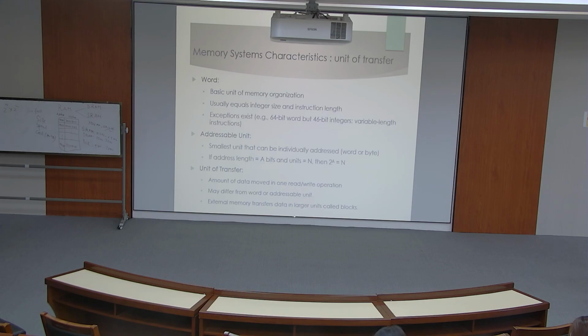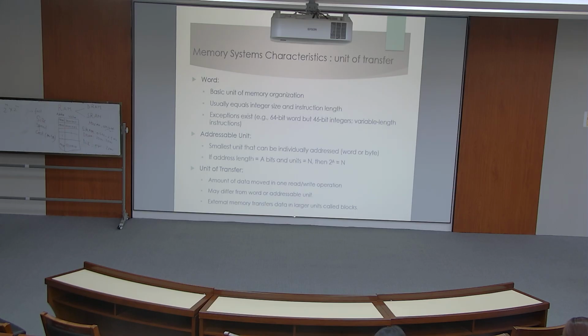We have the unit of transfer. This is the amount of data that can be moved in one read or one write operation. This may differ from the word or addressable unit.